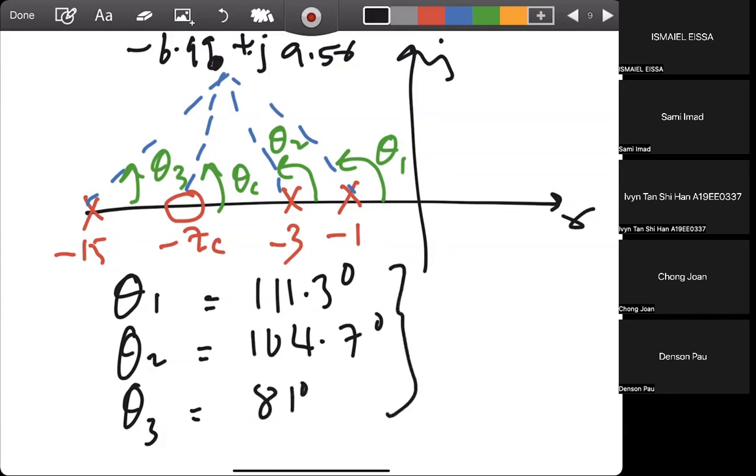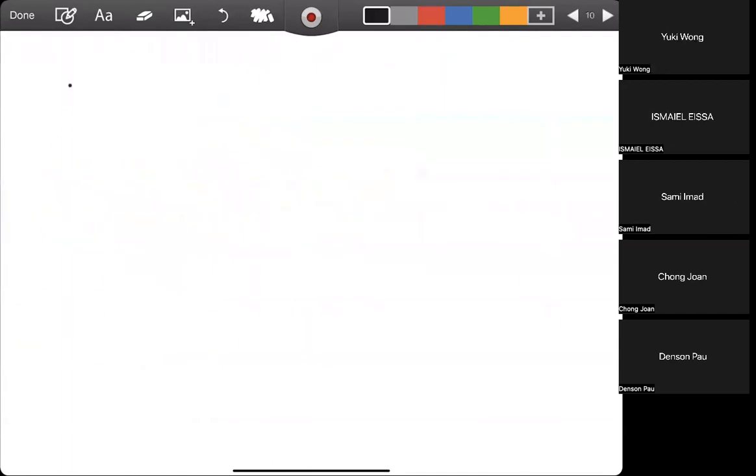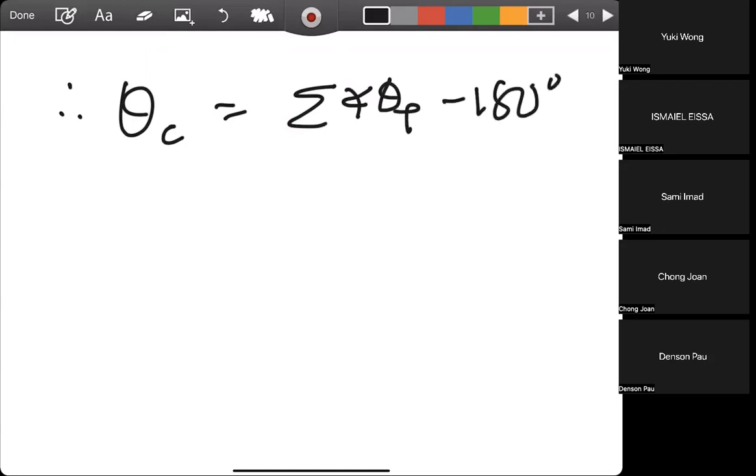So this total will give you theta P, which is the poles. And theta C is unknown. So theta C is the summation of theta P minus 180 degrees. So theta C is 101.7 degrees.